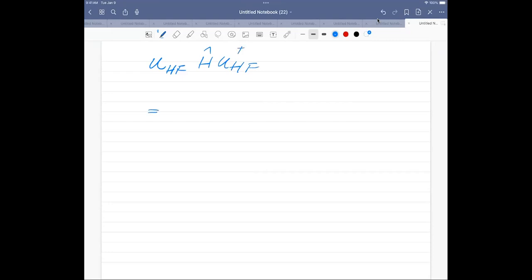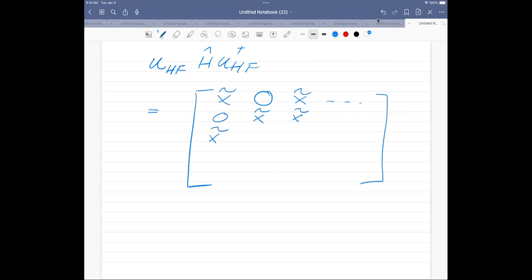So what that gives us is a matrix of this type, where we have X, and then we have a block which is zeroed out. And then we have 0 and X, and I'm going to put a tilde on top of it to indicate that the matrix elements have to change. And if we have a two-body interaction only, all these other guys are 0.